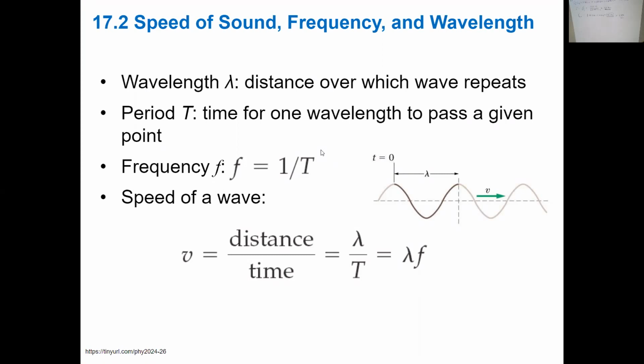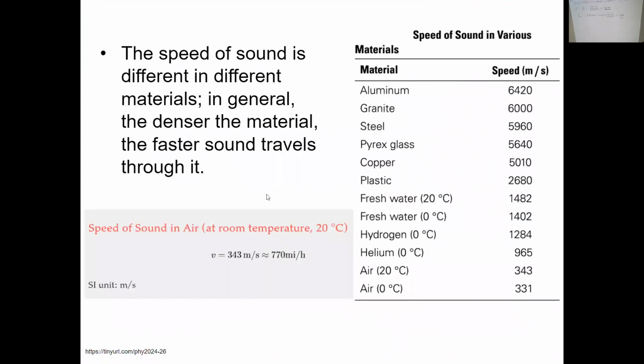Sound is also a wave, so the quantities wavelength, period, and frequency are relevant here, and the speed of the wave as well. For sound, the speed of sound in air is again 343 meters per second at 20 degrees, room temperature.